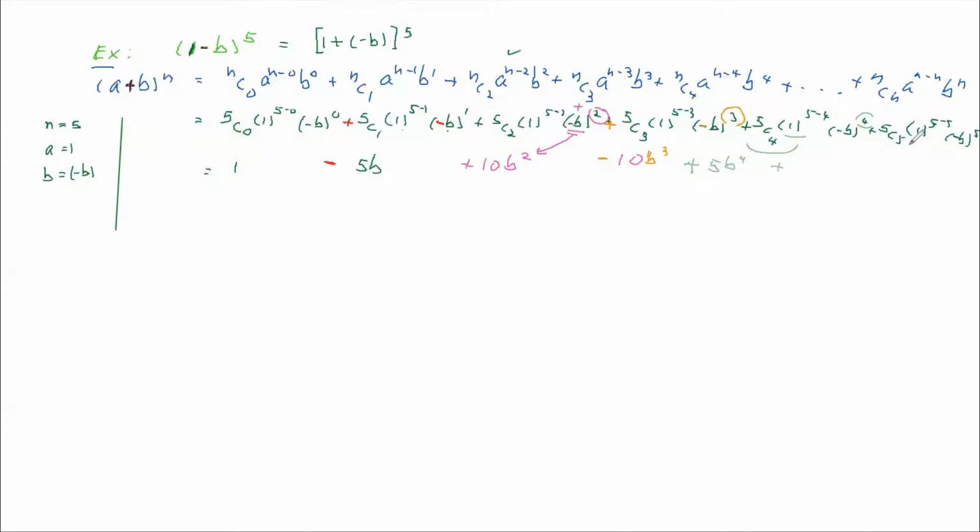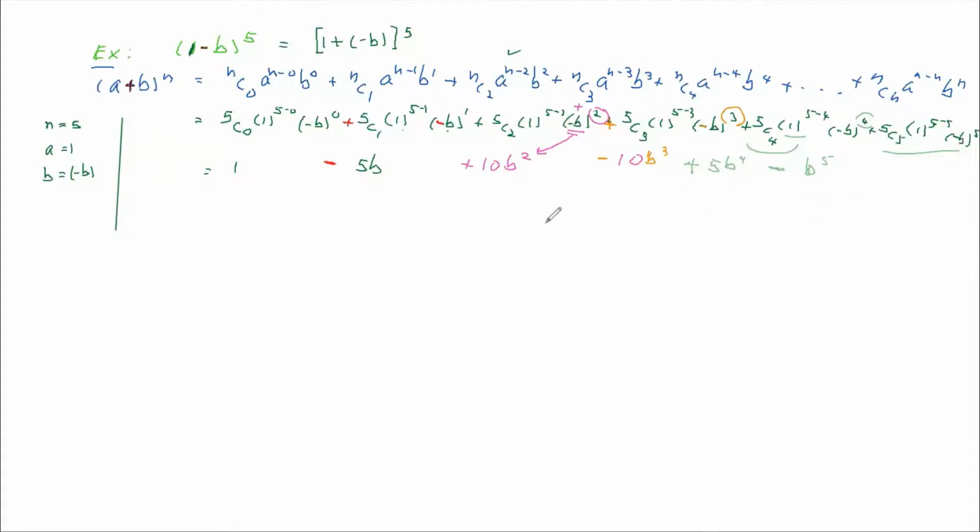Plus, now the last term here. 5C5 is 1. 1 to the power 0 here is still 1. So 1 times 1 is 1, and times this one, this is negative. So this one should be negative b to the power 5. The last term is going to be minus b to the power 5.